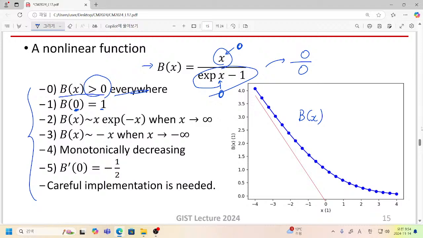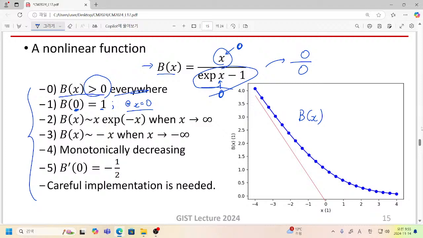So simply speaking, when you implement your Bernoulli function with this simple form, it makes some problems at x equal to 0. So you need a special treatment for the x equal to 0 case. If your x is exactly 0, then you have to say that your Bernoulli function equals 1.